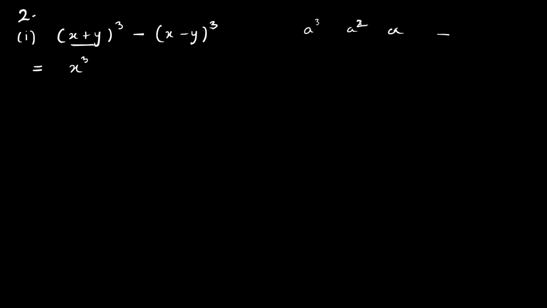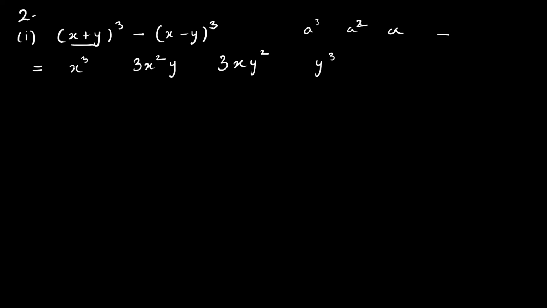X cube, then x square y, then x y square. Then y cube. Anything is missing? Yes, two numbers are missing. 3 will come on x square y and x y square, in between.